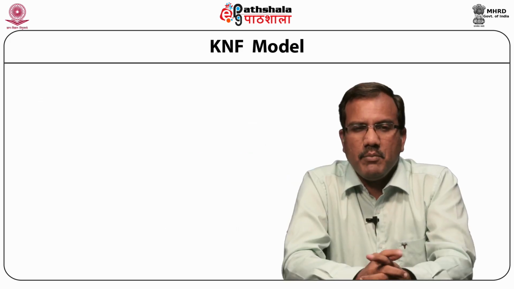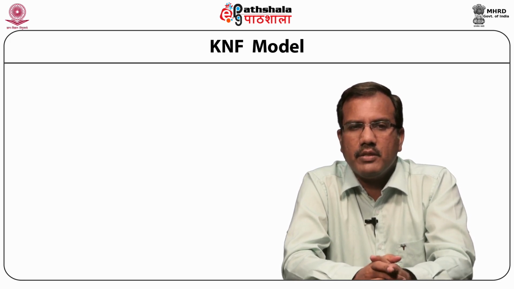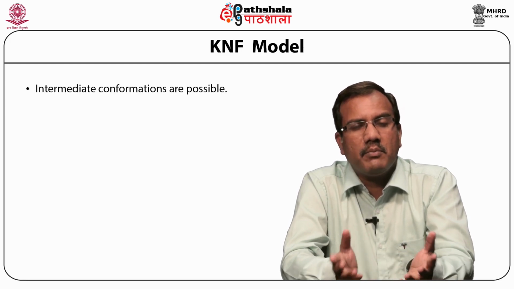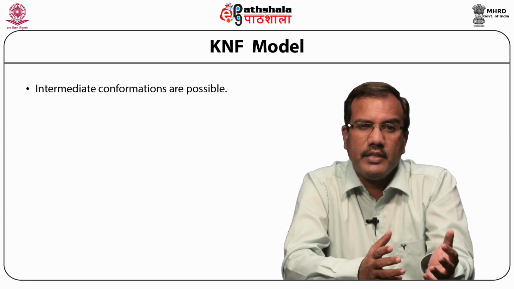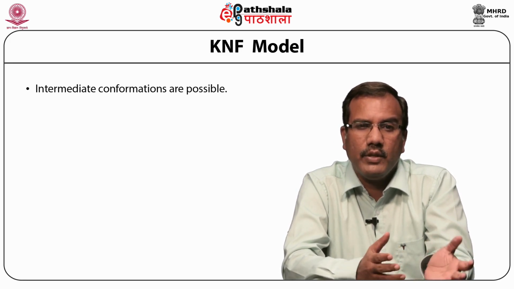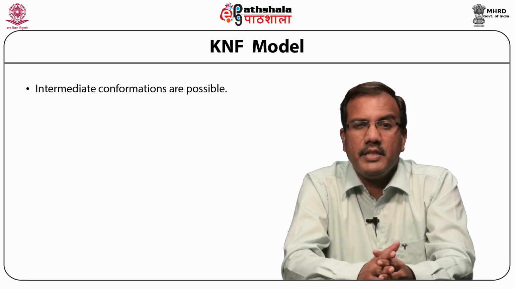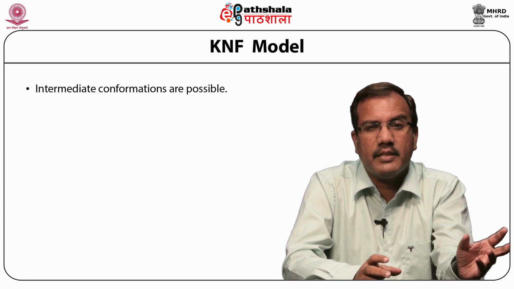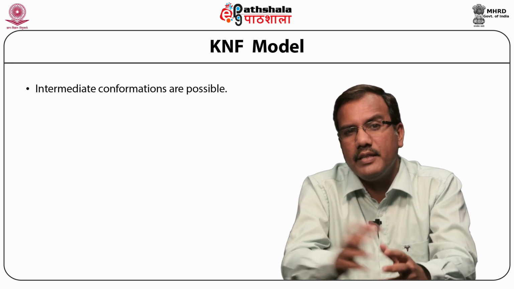The second binding model which we come across is known as the KNF model, or sequential model. In this model, intermediate conformations are possible, so all the sites are not only in the tense or relaxed state. There is a possibility that some sites are in the relaxed state and others are in the tense state.